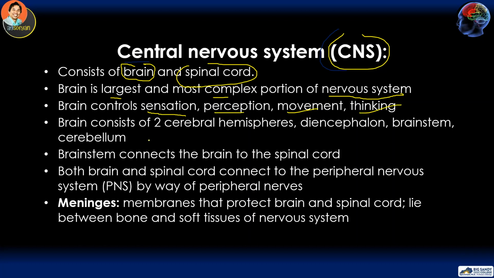They all will be controlled by the brain. The brain consists of two cerebrum, which is the cerebral hemispheres, the diencephalon, the brainstem, and the cerebellum. So these are the four main parts of the brain.